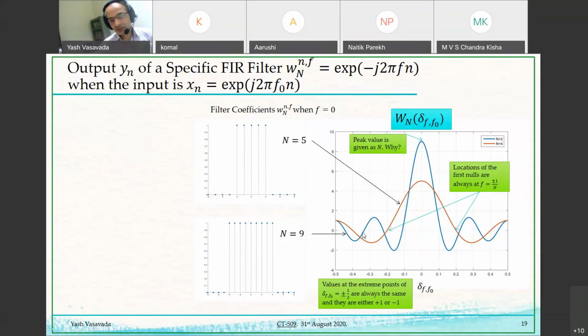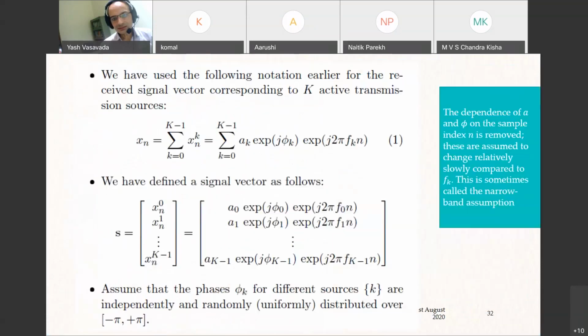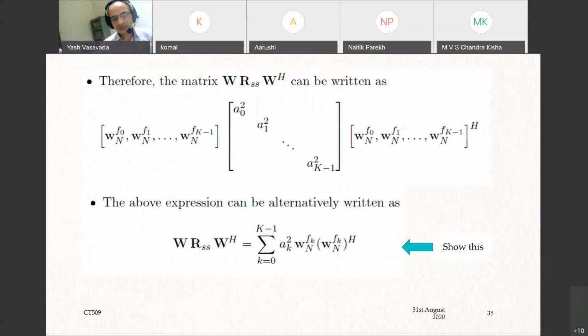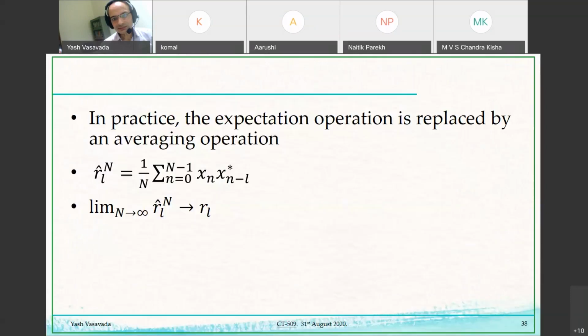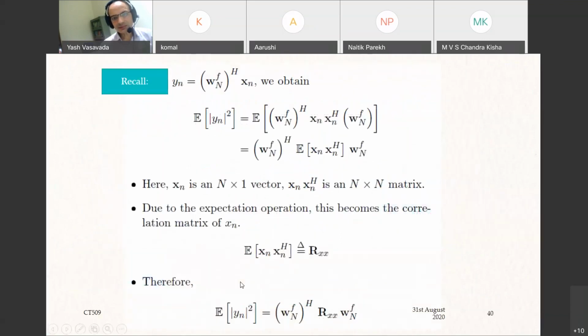Remember, ideally we would like this sinc function to look like this. That sinc function should be like this nice impulse. But instead of that, we get ripples, and it is those ripples which are problematic.